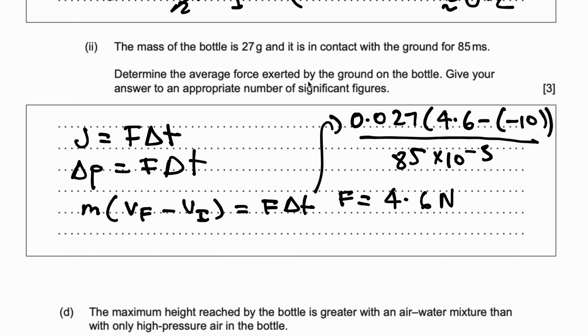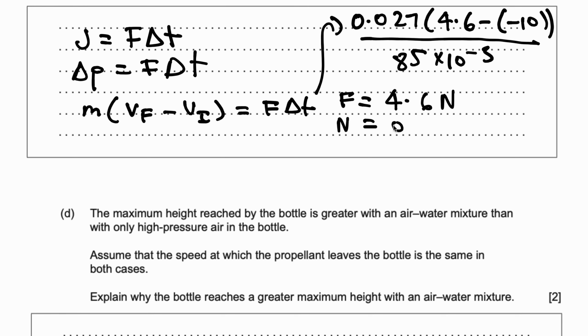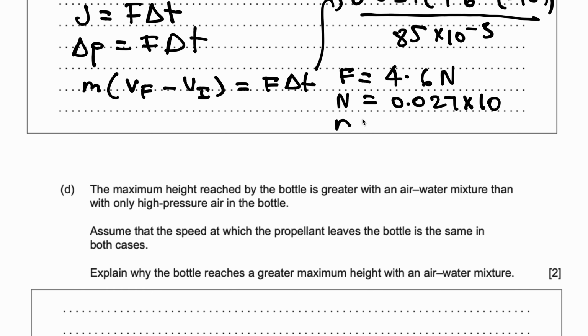But keep in mind, they're asking for the average force exerted by the ground on the bottle. There's also a normal force that is being exerted, right? It's a net force. The normal force is mass times gravity. So we can say the normal force is equal to 0.027 times 10, which is approximately 0.3 newtons.